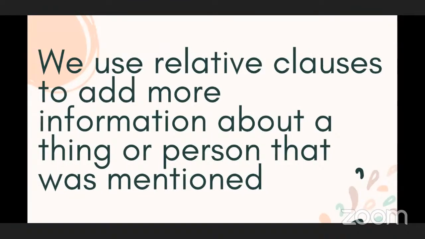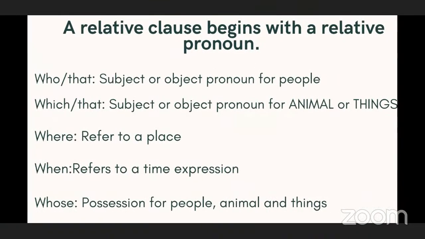I use relative clauses to give more information about the thing, the person, or that mentioned thing. A relative clause comes after the relative pronoun. The pronouns used are who, which, where, when, and how.